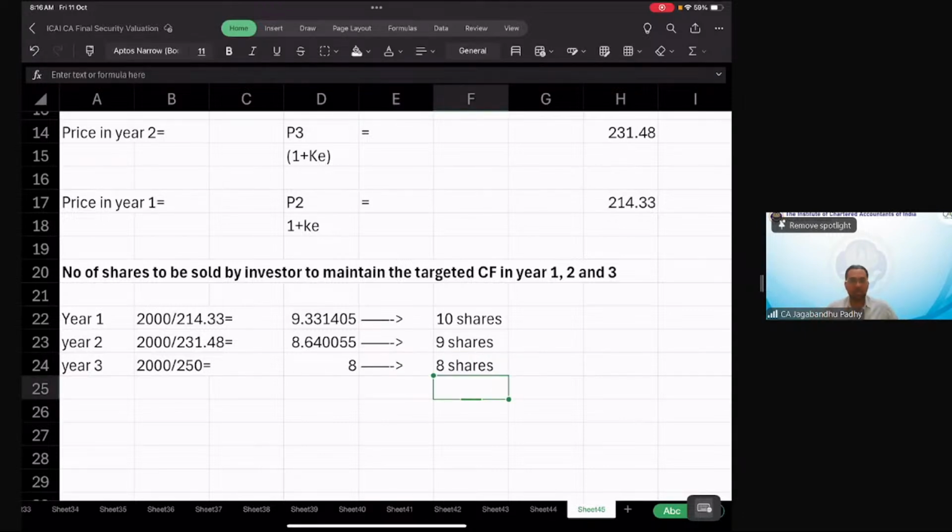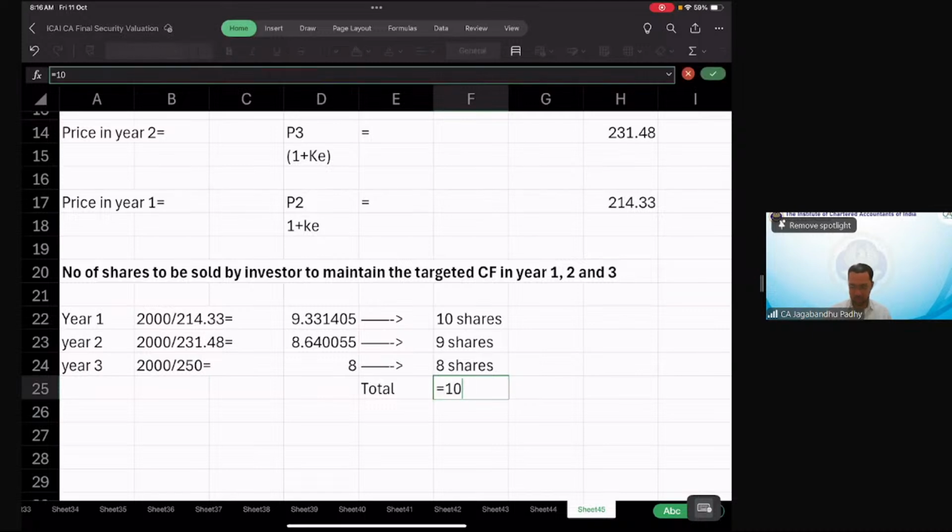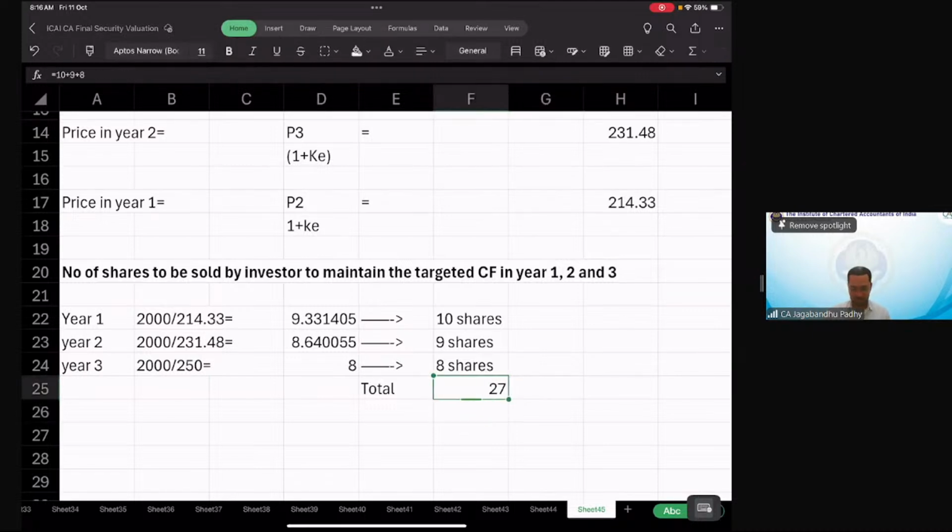Right? So how many shares has he sold in total? The total number of shares sold is 10 plus 9 plus 8. So 27 shares he would have already sold, right?